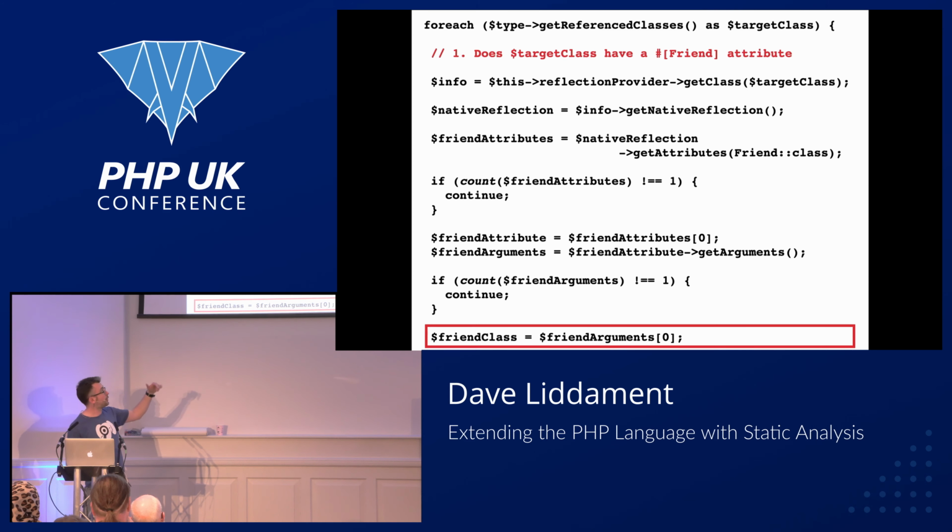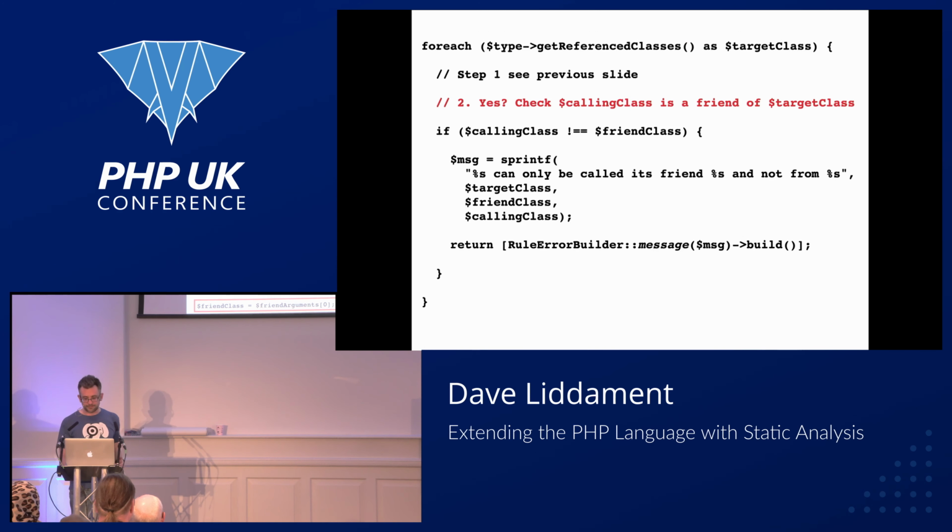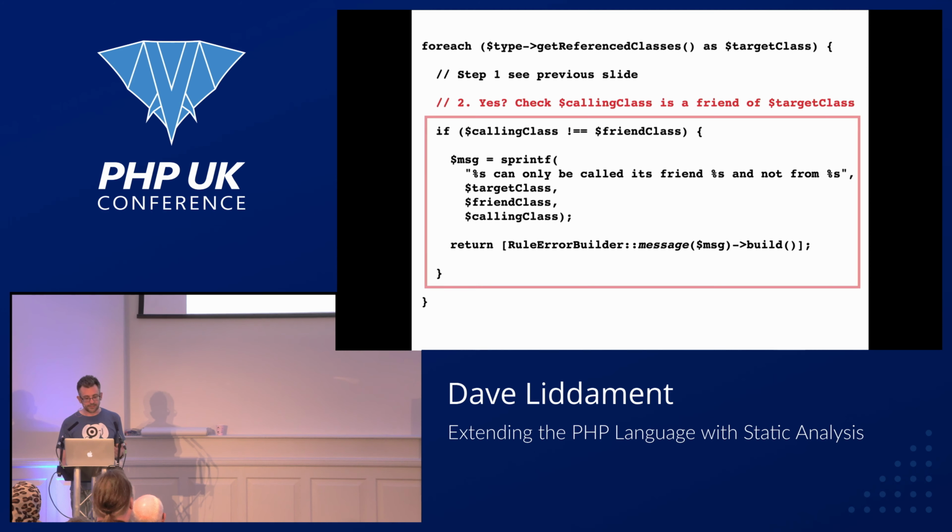So basically, if we've got this far, it means the target class has an attribute, and we've got the name of the friend, which we store in friend class. And then all we need to do here is say, is our calling class a friend of the target class? We do a comparison, and if they're not the same, then we say, you can't call this because you're not my friend.